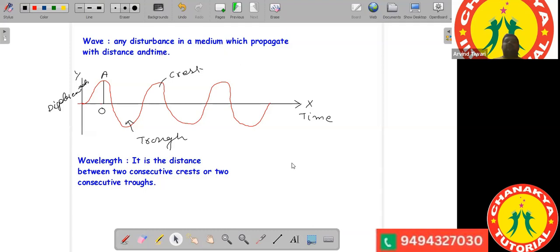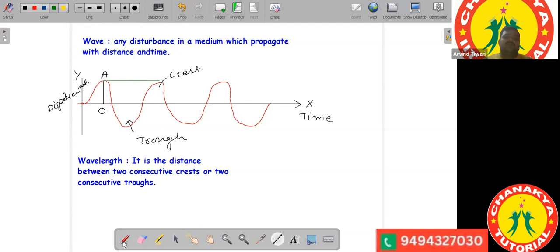So let us see from the diagram which thing can be called as the wave. Okay. So the distance over here on the graph, if you observe, here from A, so let's see, from this position A to the next higher level over here.